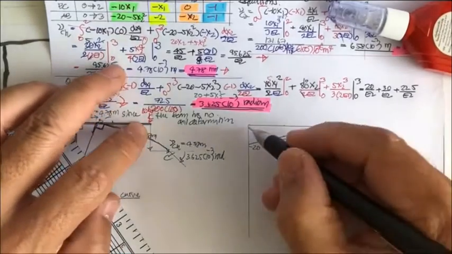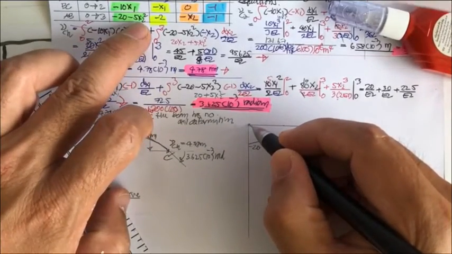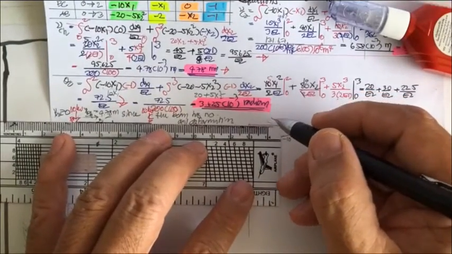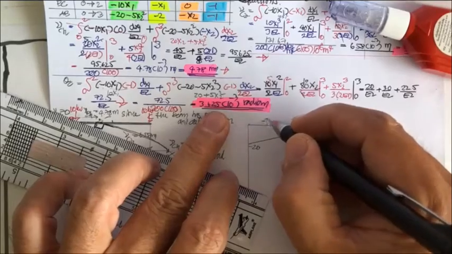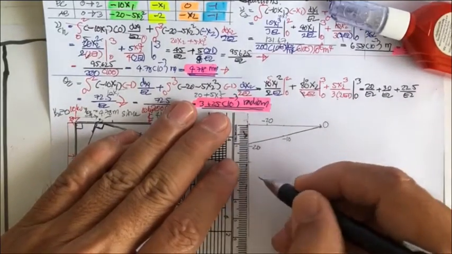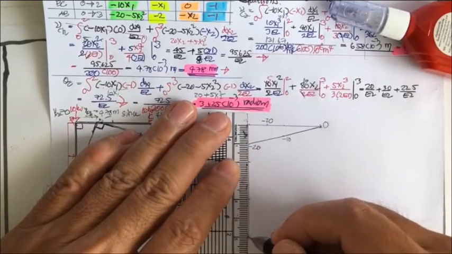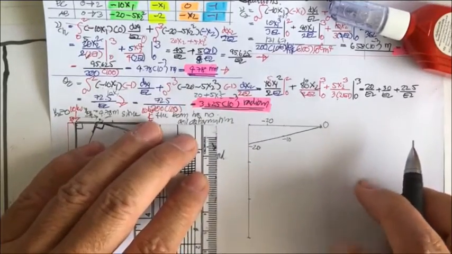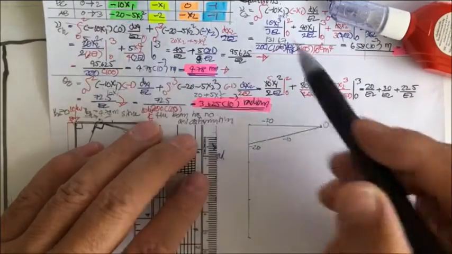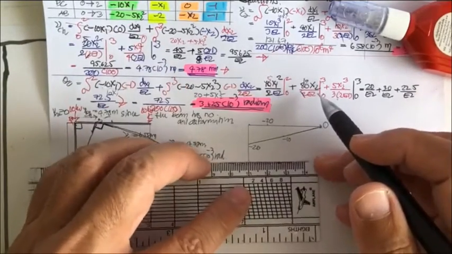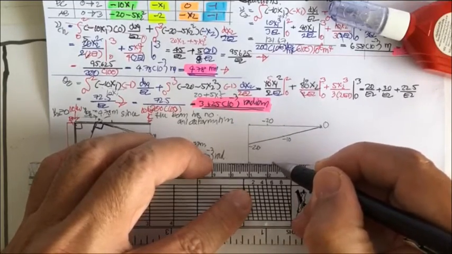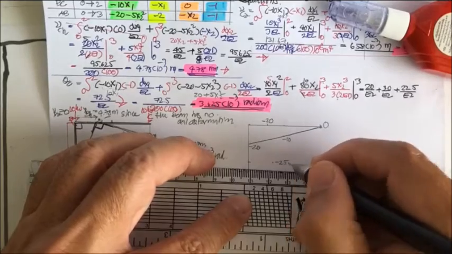And then for x, we start from here. If x is 0, it's going to be minus 20. And if you go by 1 meter, 2 meter, and 3 meter, for 1 meter, that is minus 20, minus 5, minus 25.